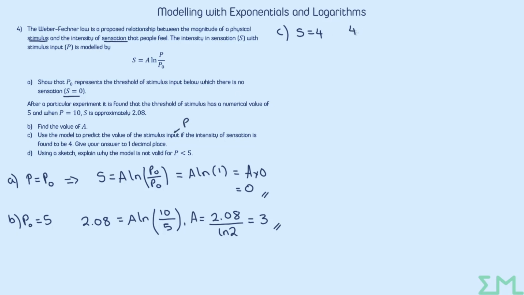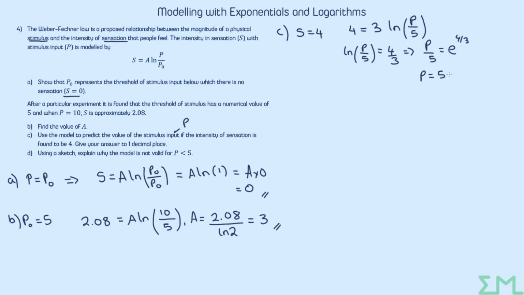So let's put that in. 4 equals, with our new constants that we found, 3 ln of P over 5. Okay, so ln P over 5 will therefore equal 4/3. P over 5 equals e to the 4/3. That's undoing the ln, raising both sides to the power of e.